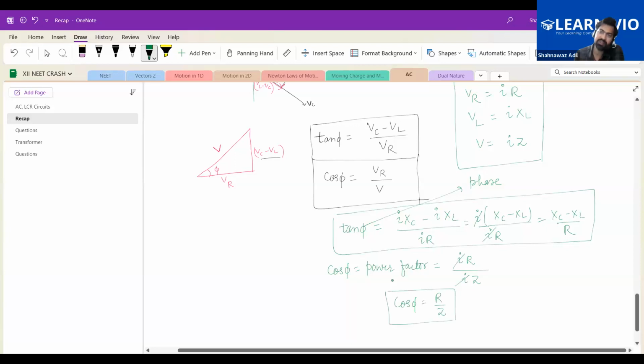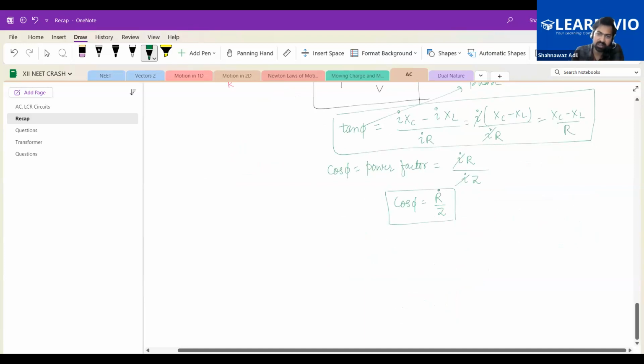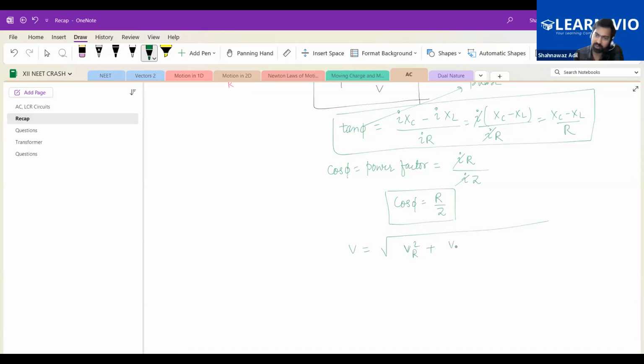Now what is this Z? We know that V is equal to root of VR square plus VC minus VL whole square. We can write this as IZ, and VR is I square R square, and then from this one I also comes, XC minus XL whole square.